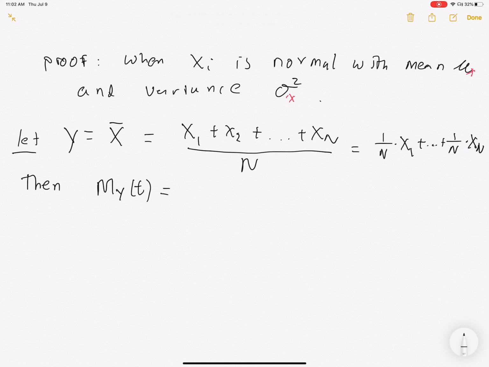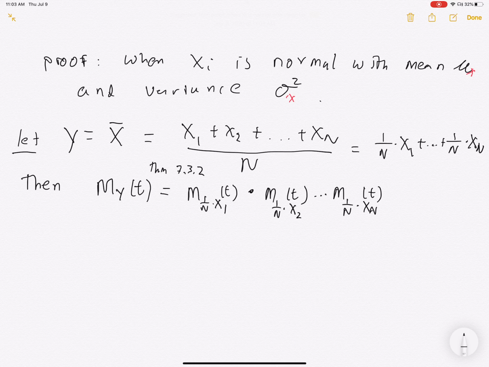M sub y of t is going to be equal to, well, I'm going to use Theorem 7.3.2, and this is going to boil down to the moment generating function of 1 over n times x sub 1 of t times the moment generating function of 1 over n times x sub 2 of t times the moment generating function of 1 over n times x sub n of t.